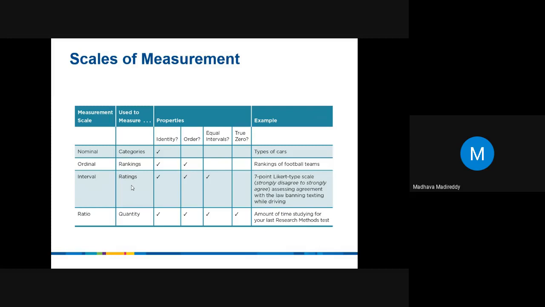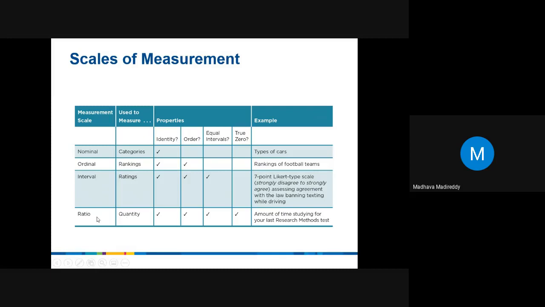This is like a Likert scale. This is called an interval scale, and we can also give unequal intervals, and a Likert scale would be an example of an interval measurement.